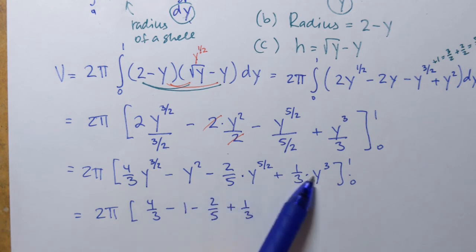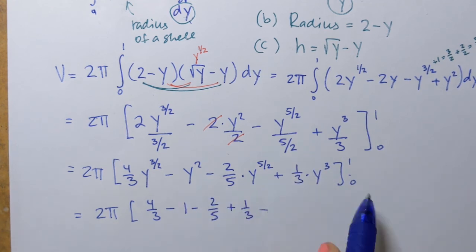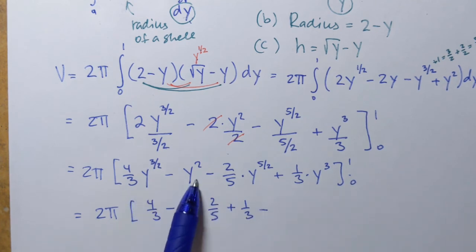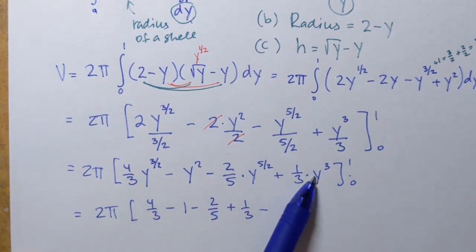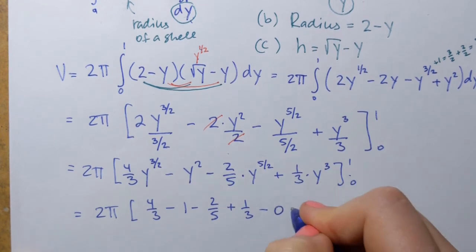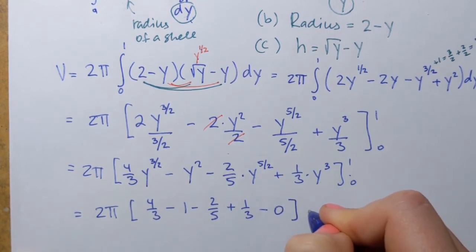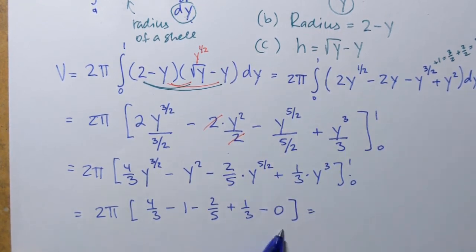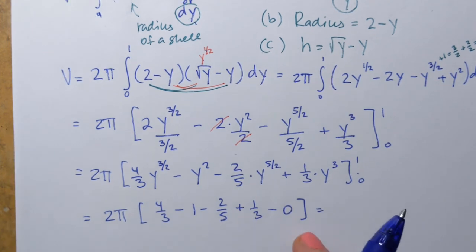That's when I plugged in 1 in all of those. And then as I plug in 0, I have to put minus, and then I have to plug in 0, but since each term has y, all that is going to turn into 0, so it's just simply minus 0. Okay, perfect.